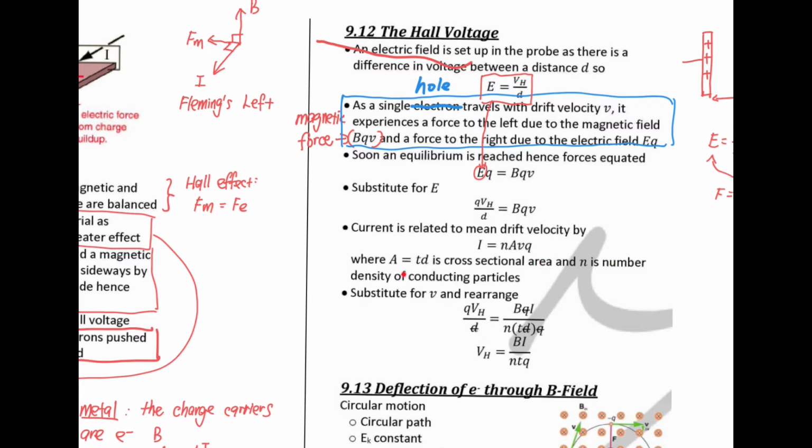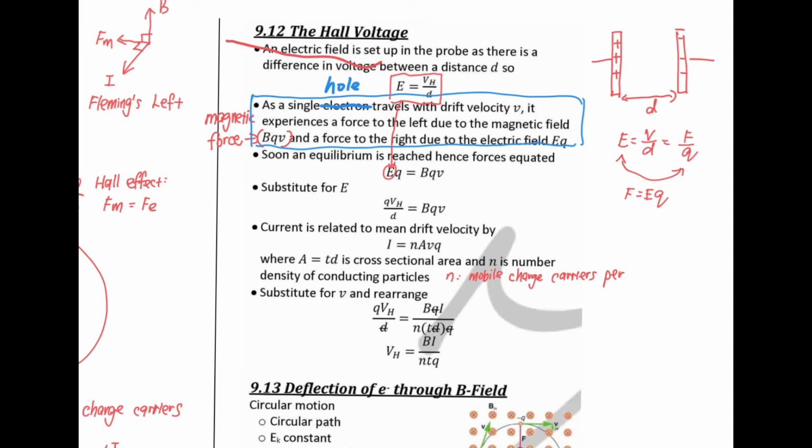So A is the cross-sectional area where the current enters or comes out, and N is the number density of conducting particles. So maybe you are confused a bit. What is number density of conducting particles? Okay, if you can't take that, I have another version for you. You can also take N as mobile charge carriers per unit volume.